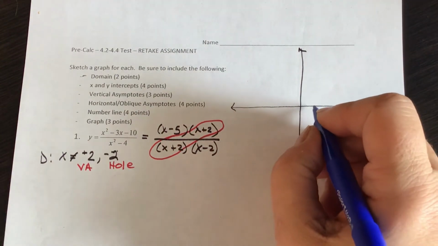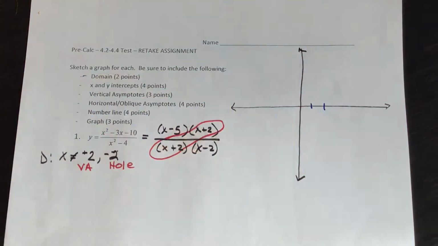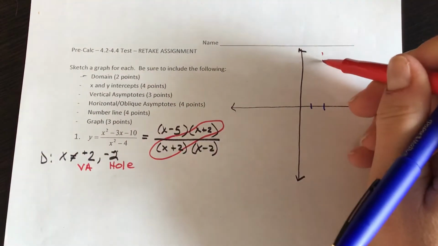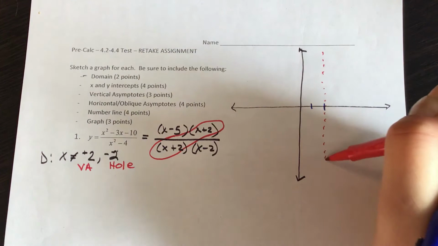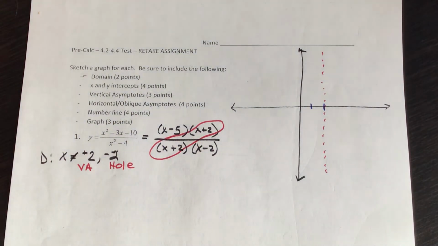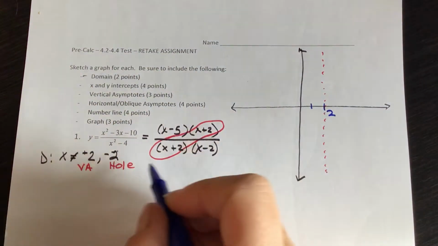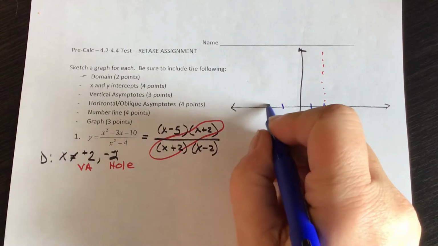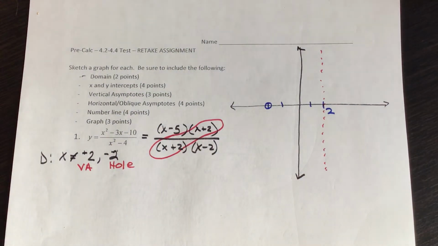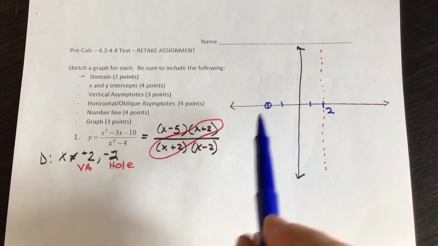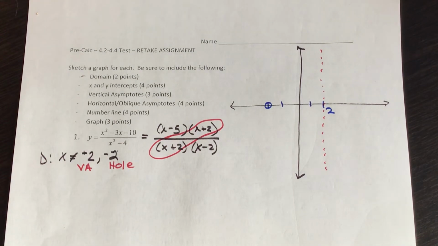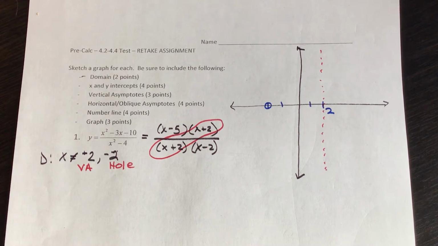So I have x equals negative 2 is a vertical asymptote, and I have a hole at x equals 2, and I'm just going to draw that in there. It's not necessarily on the x-axis, but it's going to be wherever the graph has an x value of 2, and we'll look at that when we do the graph.